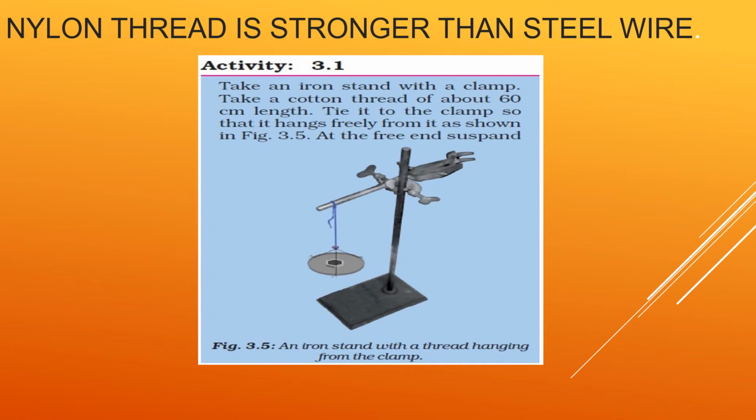This weight indicates the strength of the fiber. This activity can be repeated with the threads of wool, silk, and nylon. From the observation of this activity, we can infer that nylon is stronger than cotton, wool, and silk.